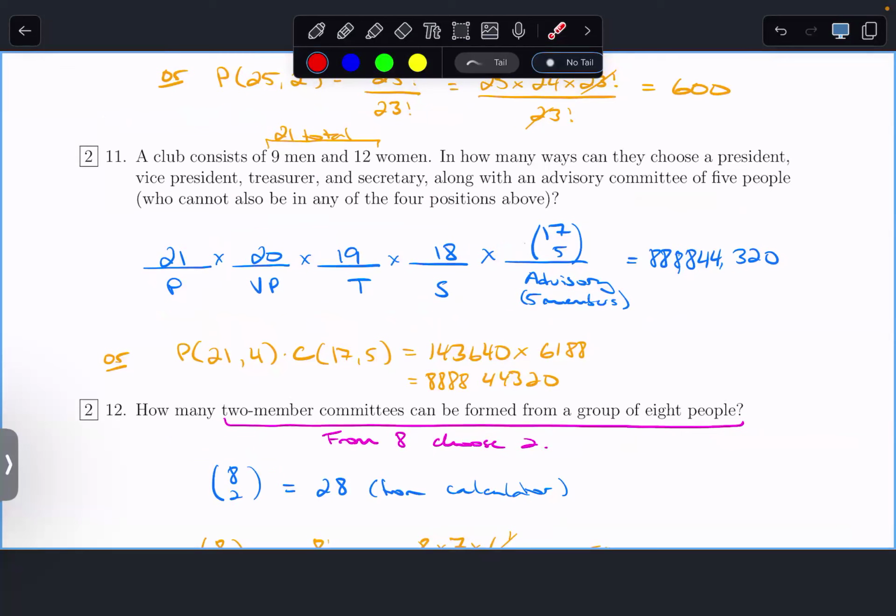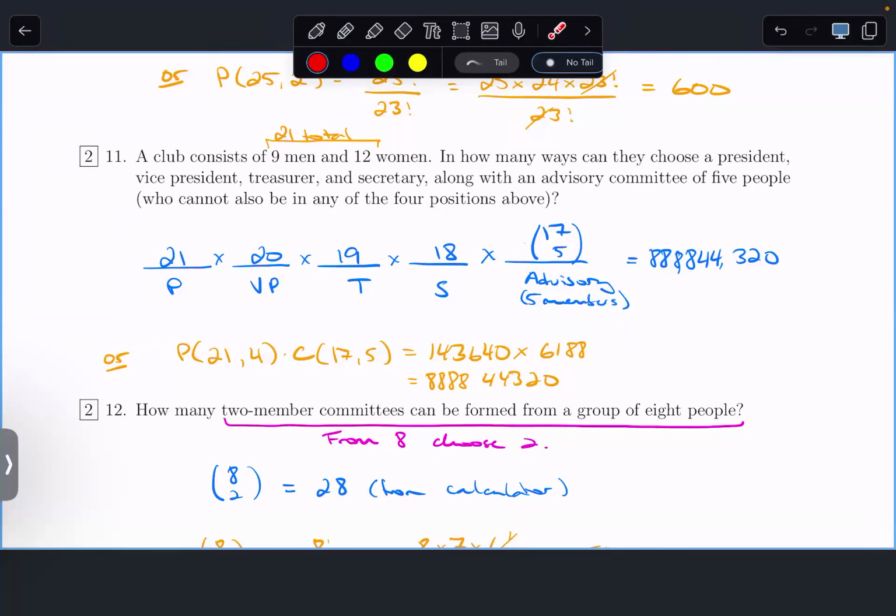Oof. This one's tricky, right? I realize I'm working backwards, but it's because we started with those fun ones and moved our way up. A club consists of 9 men and 12 women.